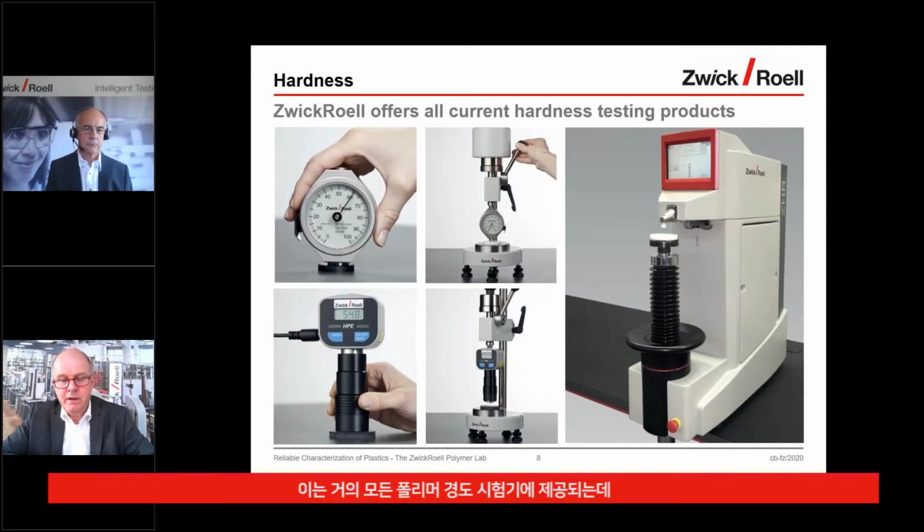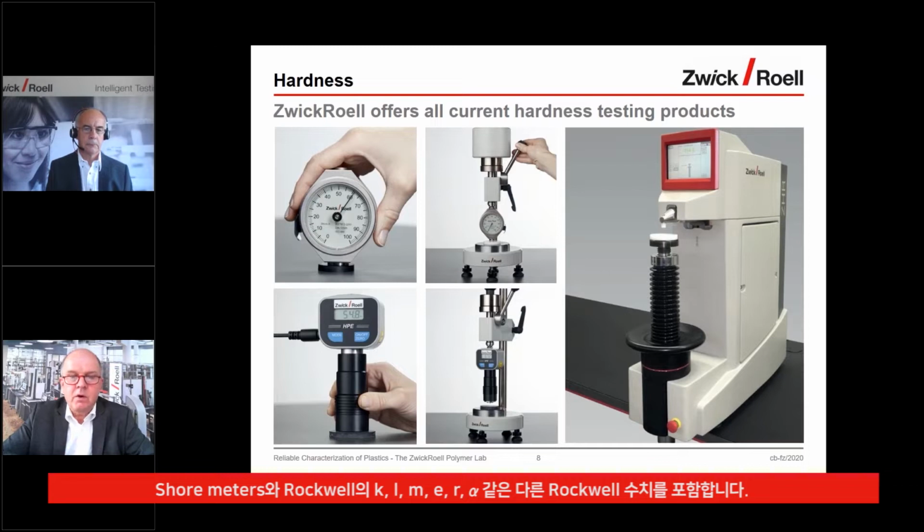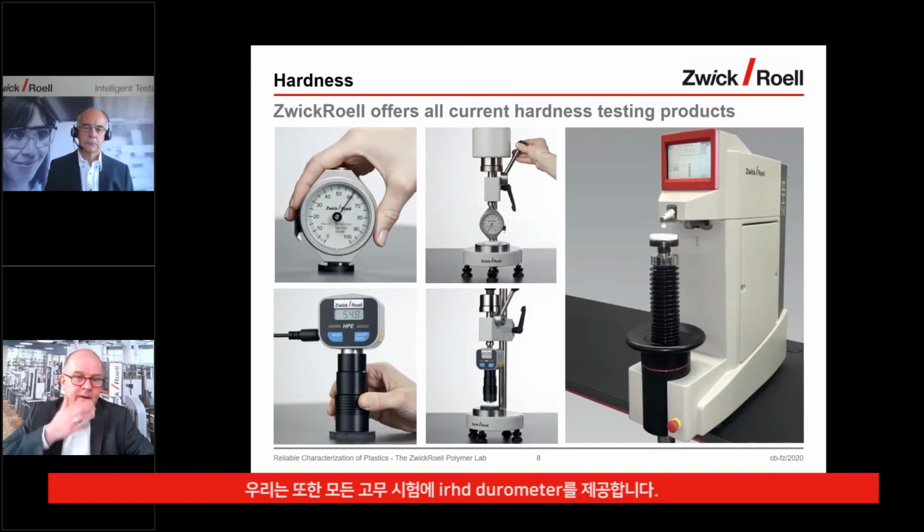Zwicroll offers nearly all types of hardness testing equipment for polymers. So this includes the Shore meters. This includes different Rockwell scales like Rockwell K, L, M, E, R, and alpha, and we also offer IRHD durometers for rubber testing. So these hardness testers follow both the ASTM and the ISO standards. And this is about hardness.